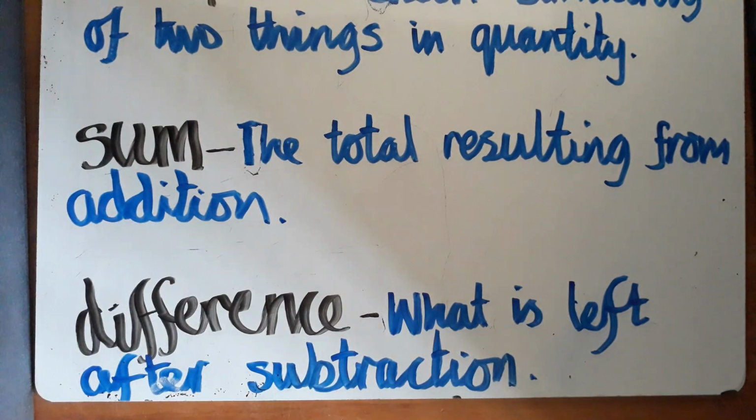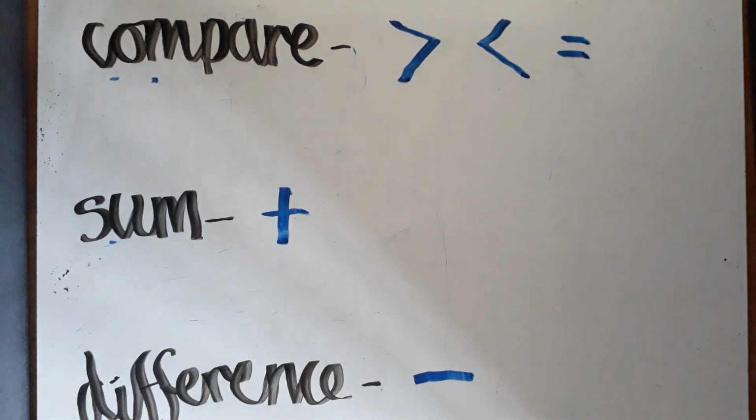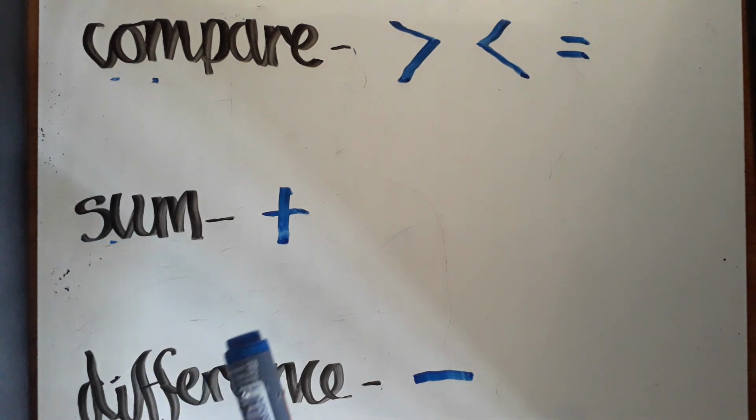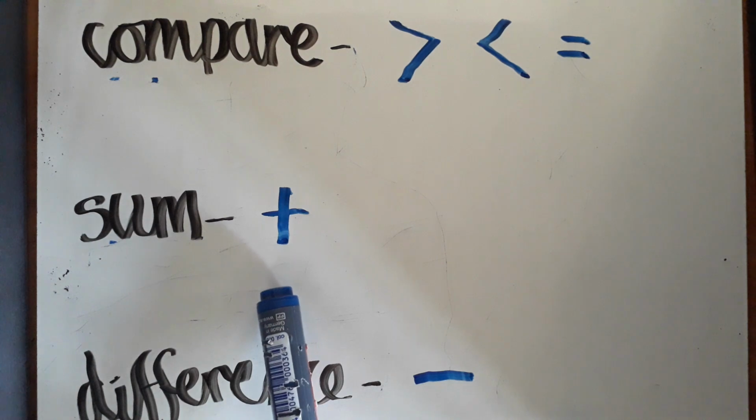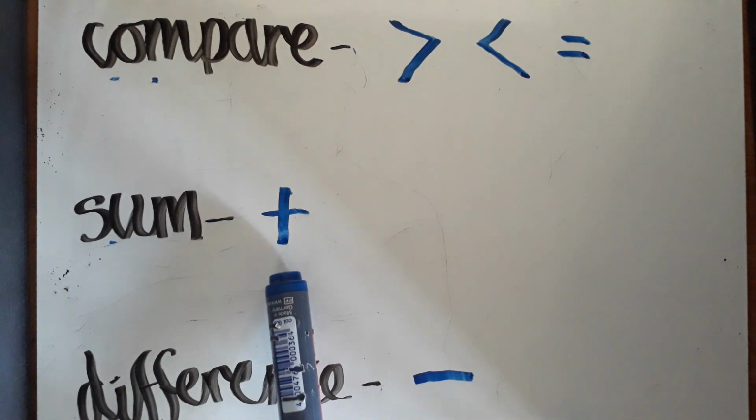Okay, so we can think about these mathematical processes linked to the words. So when we compare, we're looking at greater than, less than, same as, equal to. Okay, when we're looking to find the sum, we need to add the numbers to find their total.